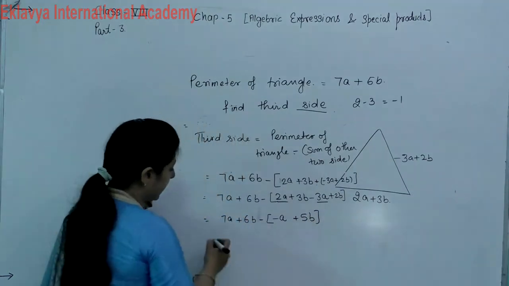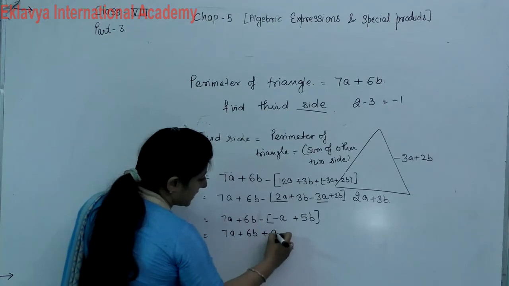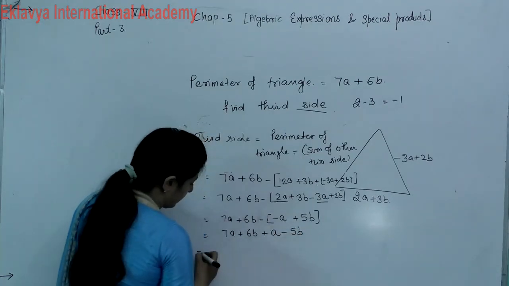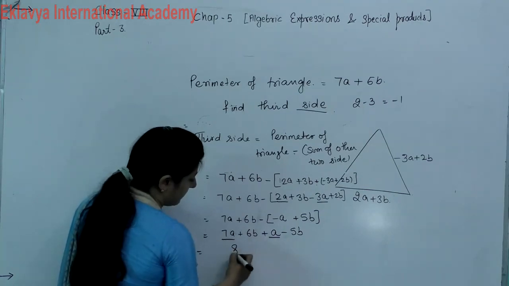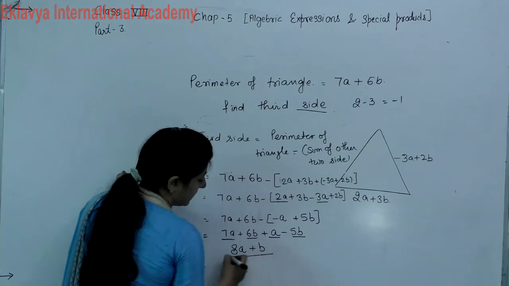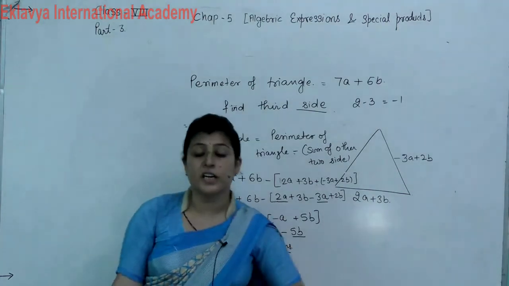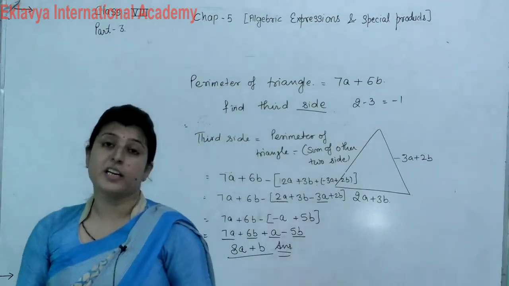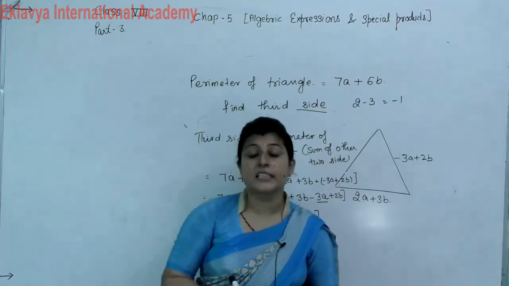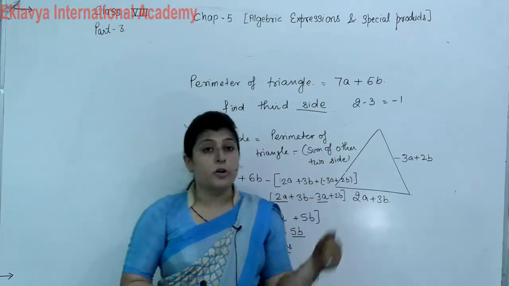Now open the bracket, 7a plus 6b minus minus a plus 5b. 7a plus a, 8a, 6b minus 5b, b. Then this one is our answer. It means this is the value of the third side of the triangle. So in this type of question we apply the addition and subtraction of polynomials.